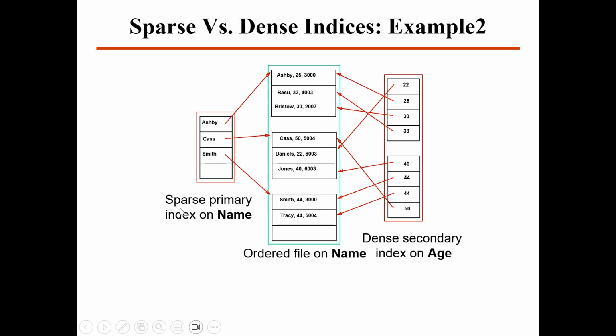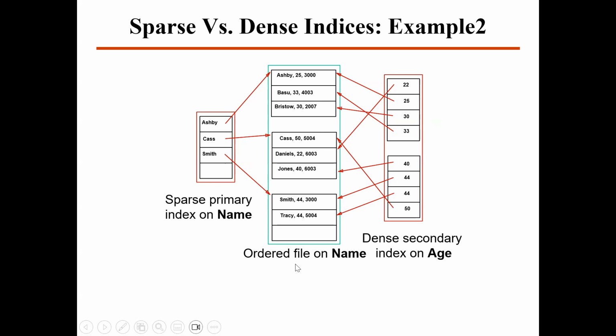So remember, the sparse indexes are created on a sorted or ordered file, ordered by name or by ID. In the previous example, we saw it. So this is the primary sparse index made on name.